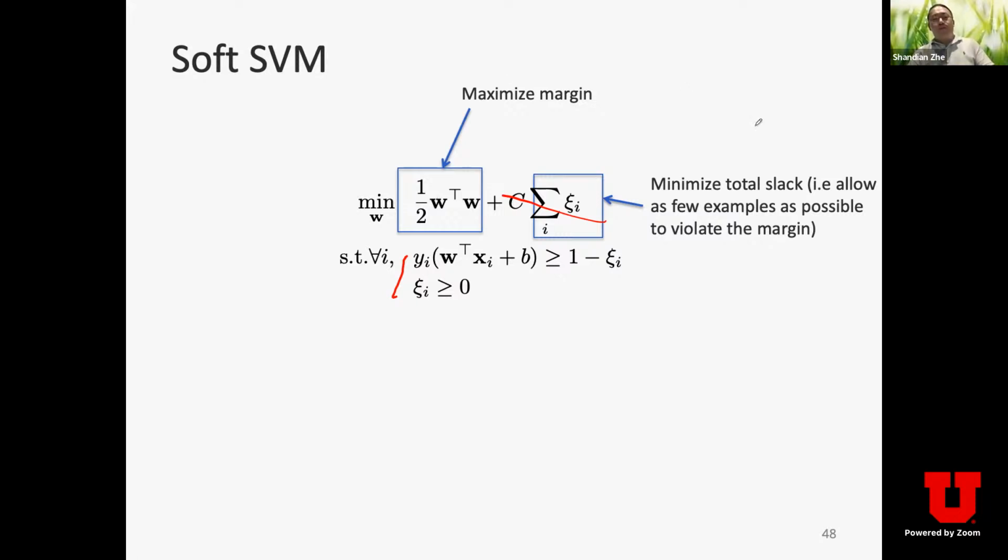Let me just randomly draw some examples. Suppose these are your positive examples and these are your negative examples. If in our objective function we never consider the effect of slack variables, we just want to maximize the margin, and we have the freedom to exclude whatever examples from your training set.